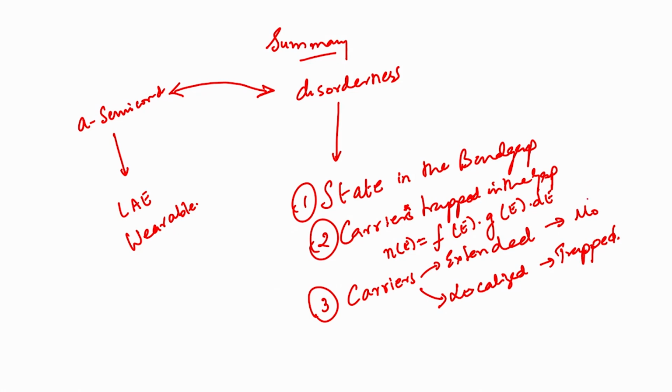And the carriers that are present in extended states can move with an effective velocity defined by the drift mobility, which is nothing but your extended state mobility times the ratio of the time spent by the carrier in the extended states divided by the total time spent by the carrier in the material, which is T free plus T trapped. This is defined by something called the multiple trap and release mechanism. So, this is a summary of everything we have looked at so far.